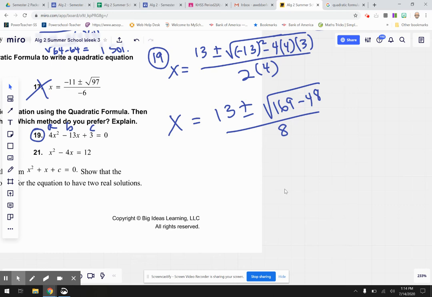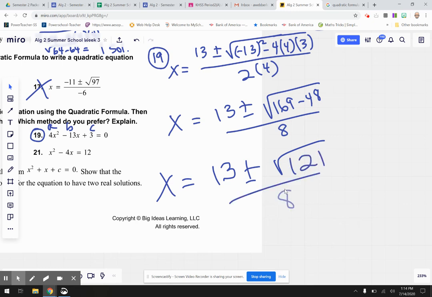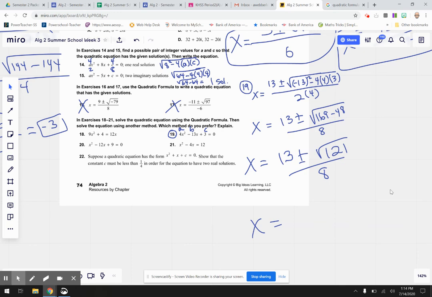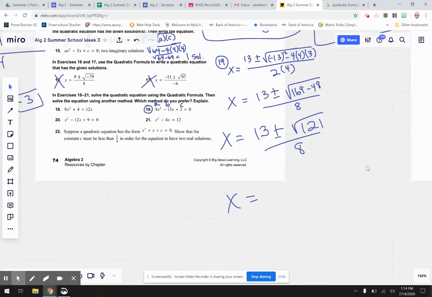So x equals 13 plus or minus, let's see, that's going to be 121 inside of the square root, over 8. Now 121 is a perfect square, so that does actually equal 11. So it's going to be x equals 13 plus or minus 11 over 8.